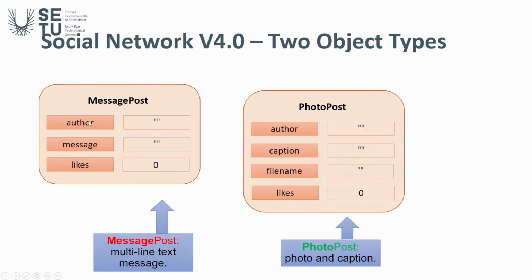Okay, so we can see here that both have authors and both have likes. But we don't know anything about inheritance yet. So we don't know that we can do something with it because we haven't introduced it. But just to be aware that already we can see that there are similarities.